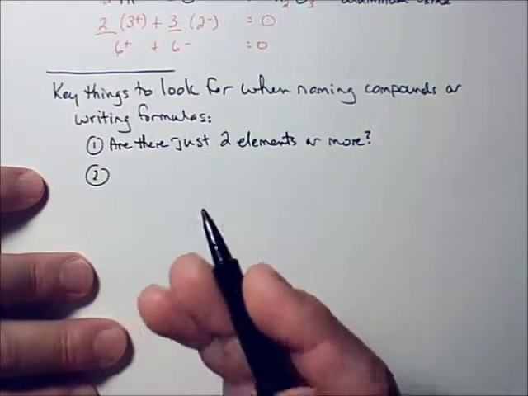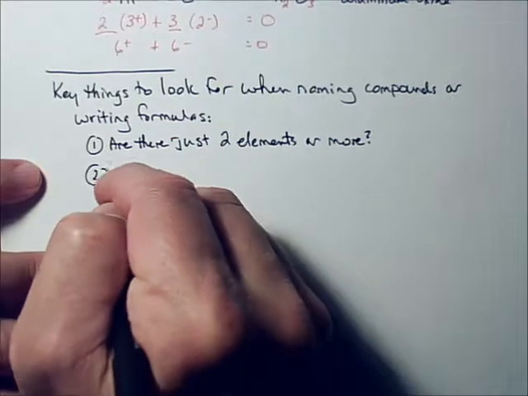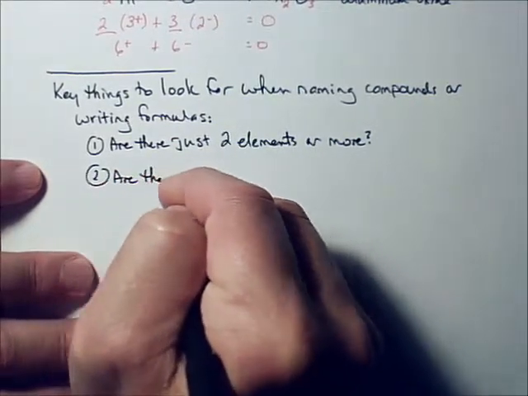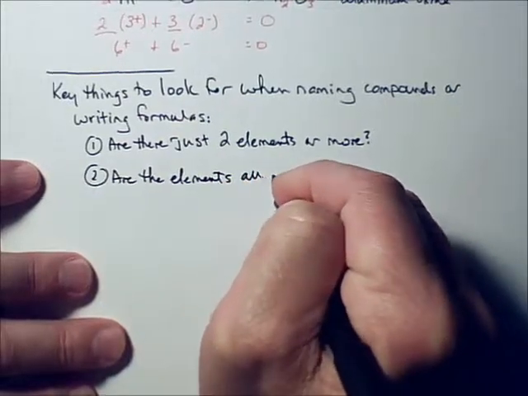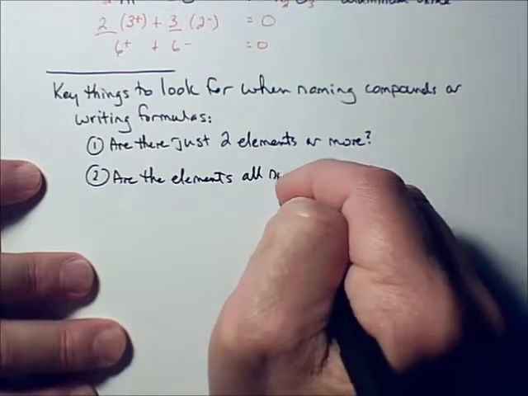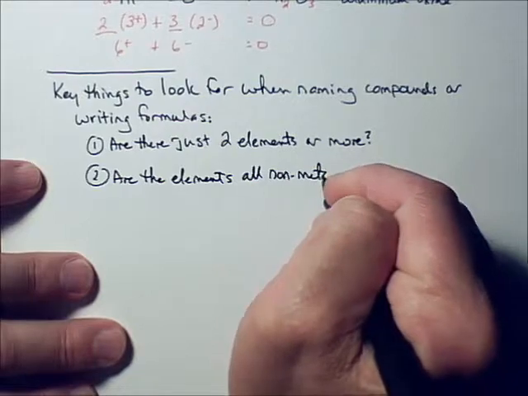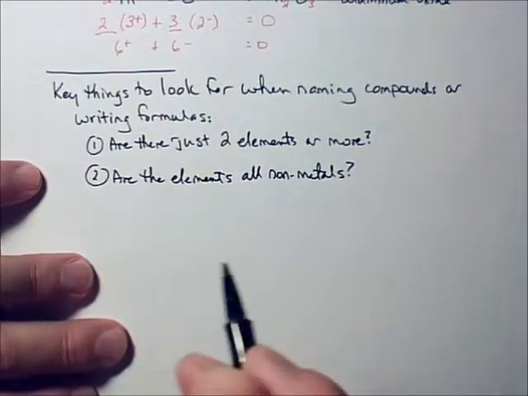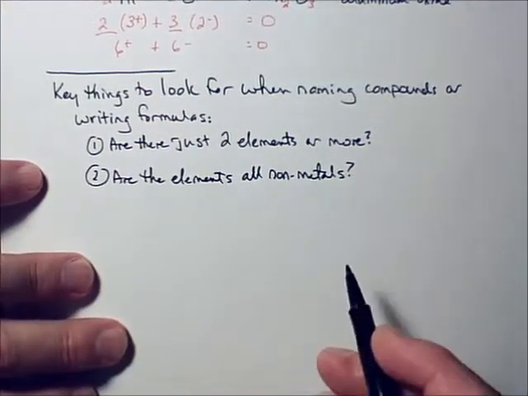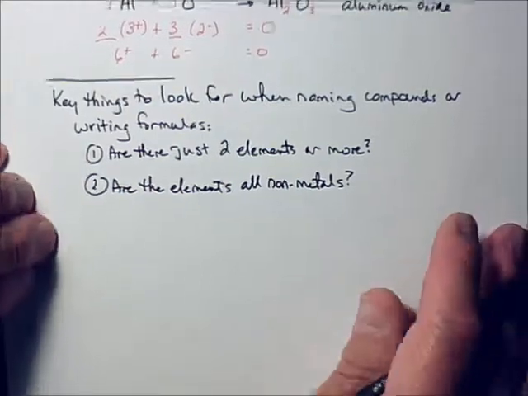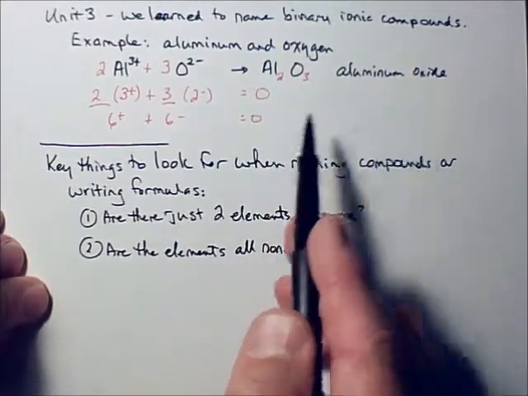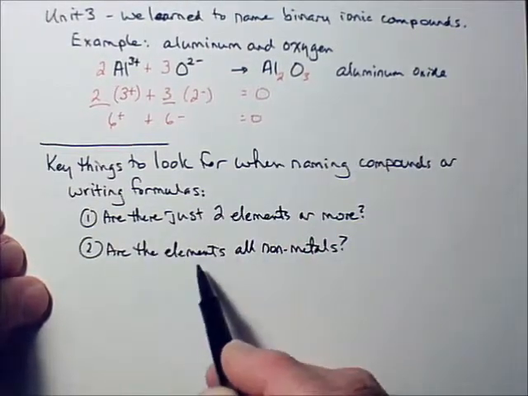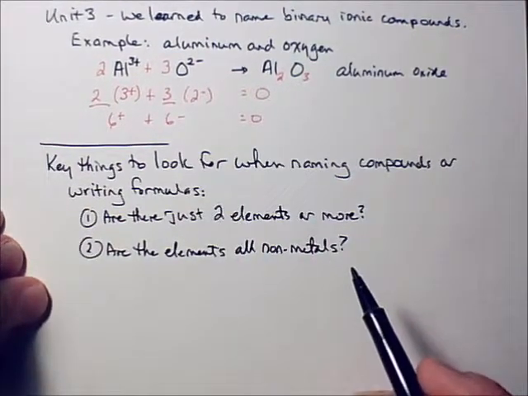Or are the elements all nonmetals? So are the elements all nonmetals, or is there a mixture of metals and nonmetals? If there's a mixture of metals and nonmetals, like with aluminum and oxide, or oxygen, you have one naming system. If all the elements are nonmetals, there's a different naming system.